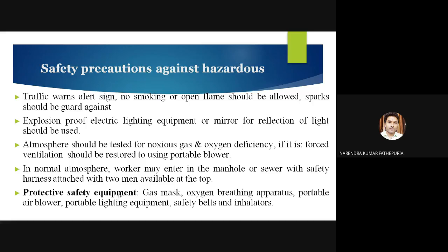We are using ultraviolet rays for detecting the leakages. We are using sensors and detectors nowadays. We are using various types of cameras, digital cameras as well, for detecting the leakages, right? And we always avoid sending a person inside the sewer lines.